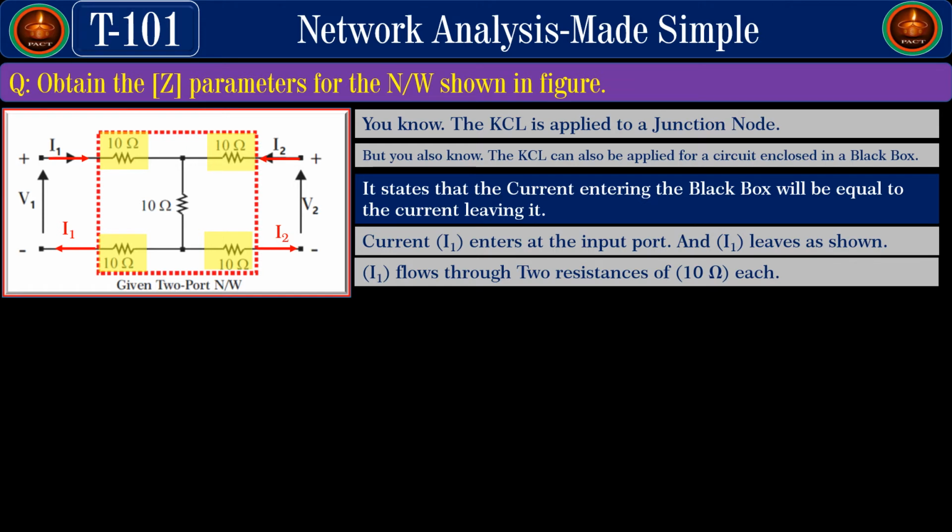So, here also the same situation exists. The same current I1 will flow through two resistances of 10 ohm each, and the same current I2 is flowing through another two resistances of 10 ohm each.